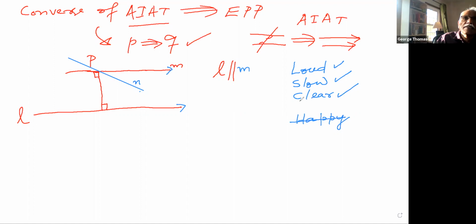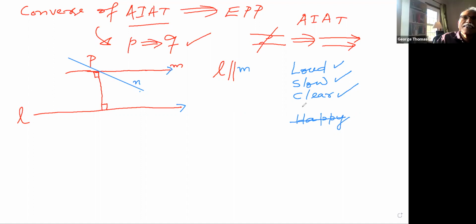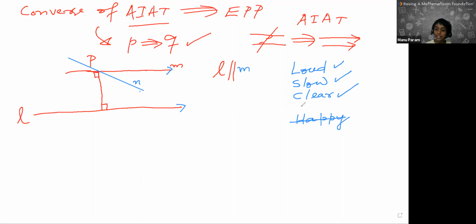Anushka, say it. Okay, so could I continue with the proof? Loud, slow, clear. Could I continue with the proof? Louder. Could I continue with the proof? Oh, your mic. Can you adjust it? Check your microphone volume in Zoom settings.